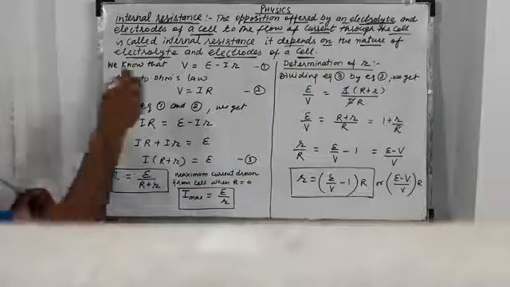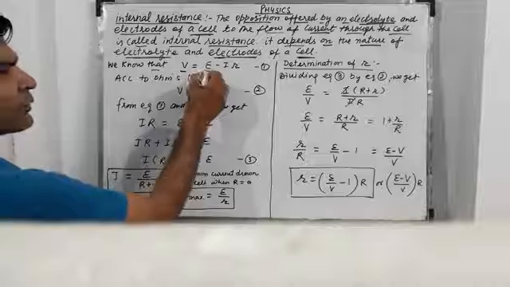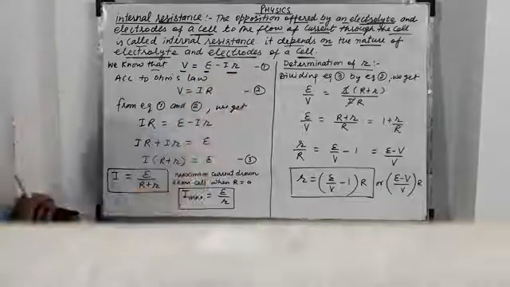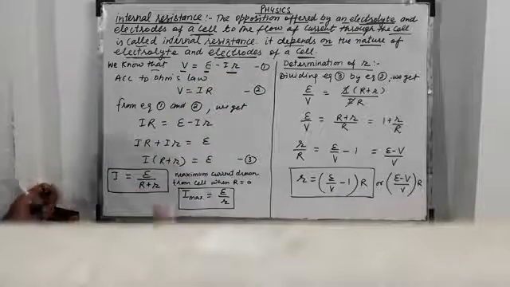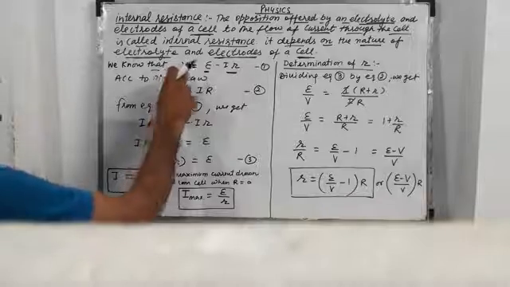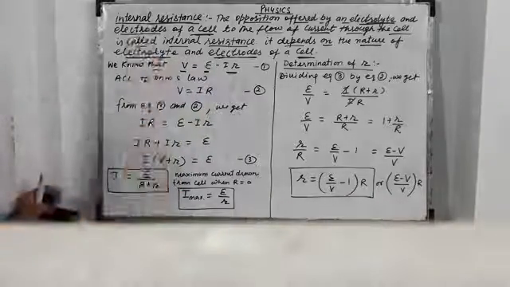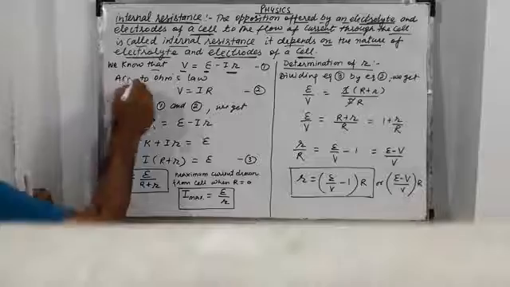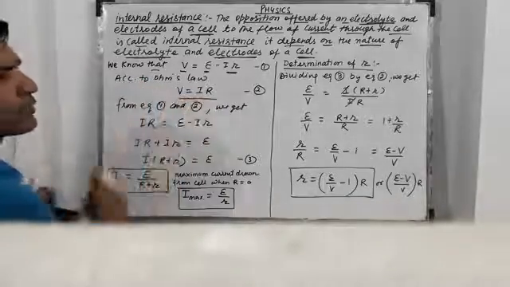We know that V is equal to E minus Ir, the relation between terminal potential difference and EMF. According to Ohm's law, V is equal to IR.